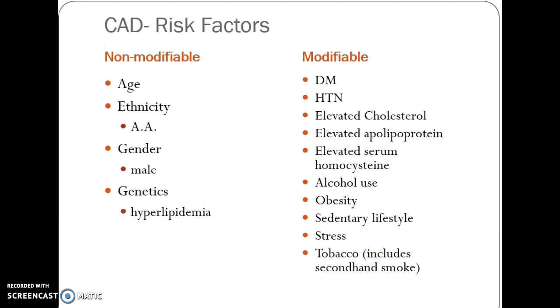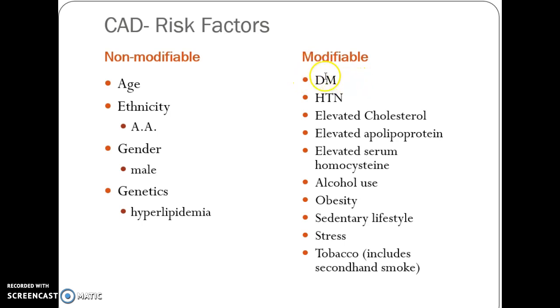Let's look at non-modifiable and modifiable risk factors. Age, ethnicity, African American again, gender, male, genetics, hyperlipidemia. Some people genetically have high cholesterol. And let's look at our modifiable risk factors. Look, the same ones are coming up: obesity, tobacco use, diabetes, hypertension. Now, when you have diabetes, is it modifiable?